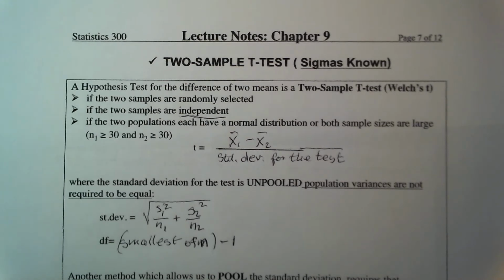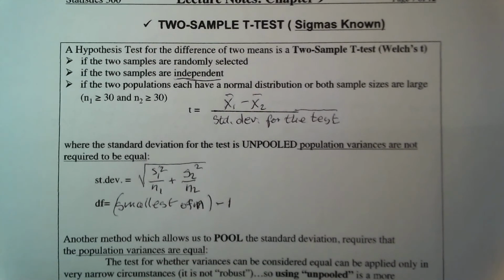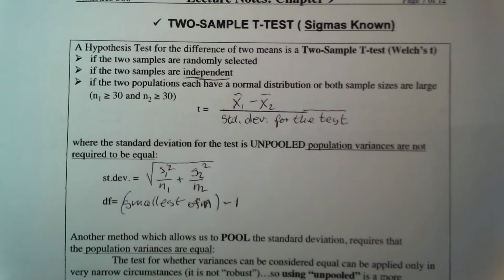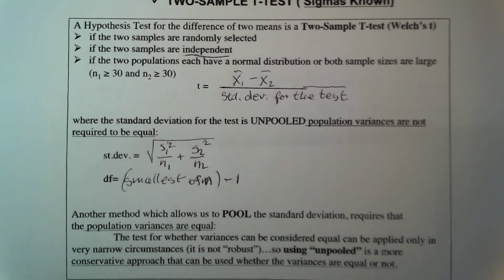Then another method, which allows us to pool the standard deviation, requires that the population variances are equal, which is hardly ever the case when you talk about independent samples. The test for whether variances can be considered equal can be applied only in very narrow circumstances. So we won't get a whole lot into that.